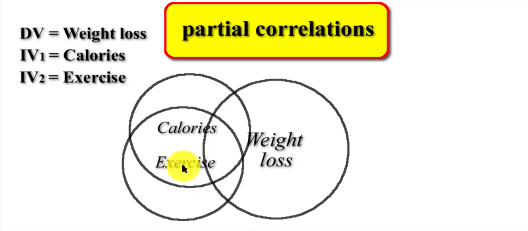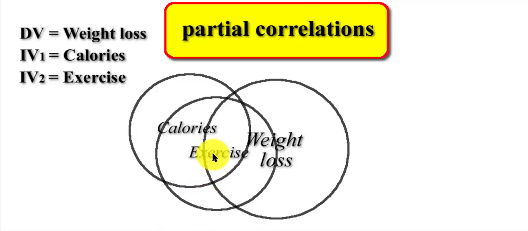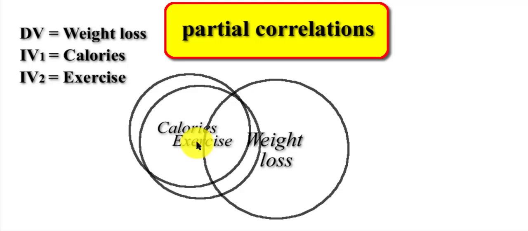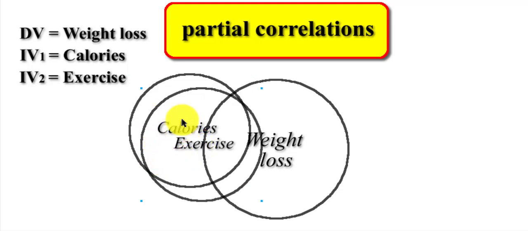Your exercise variance is basically controlling most of the calorie variance as well. So if you subtracted out this overlap between exercise and weight loss, you'll see that the area of shared variance for calories and weight loss is practically nil, and that's what that's saying.